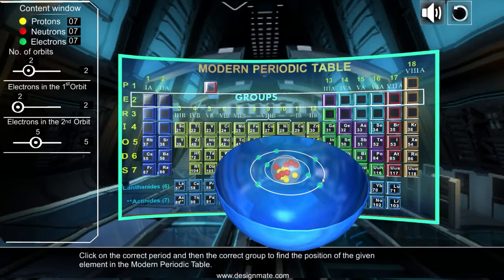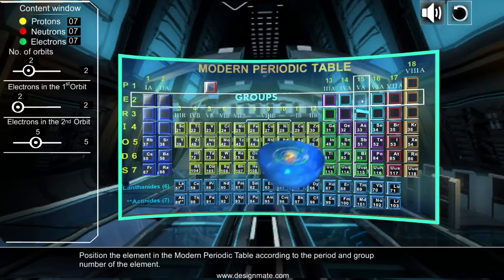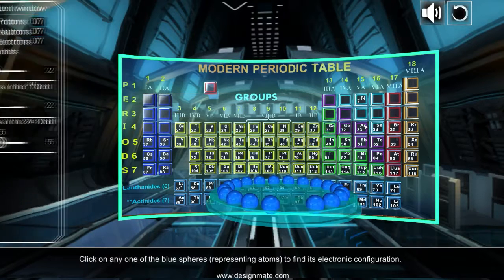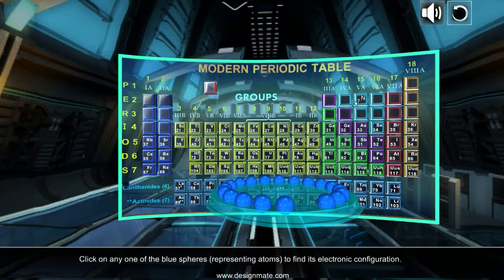Since there are 5 valence electrons, the element will be present in 5A or group 15 of the modern periodic table. So the second period and 15th group is the correct position of the element, and the element is nitrogen. Let us repeat it for the next element.